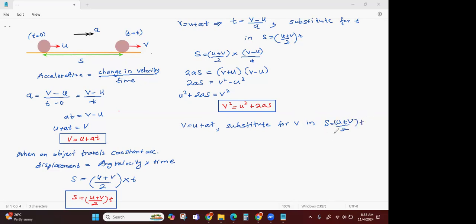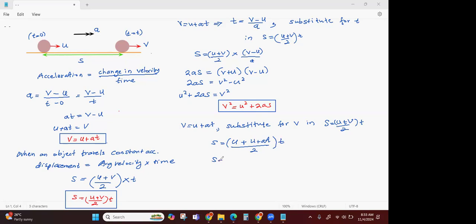So that I can write s equals, for the v I write u plus at, and the whole thing divided by 2 into time.